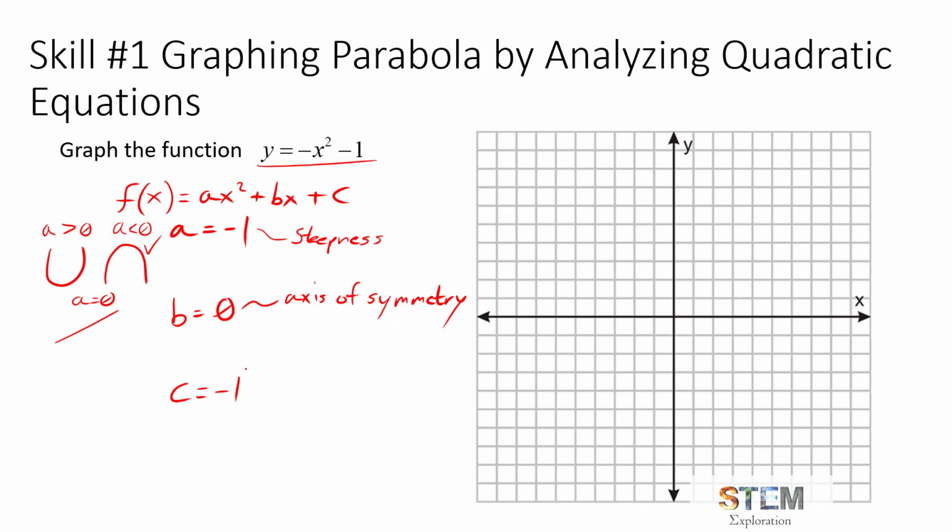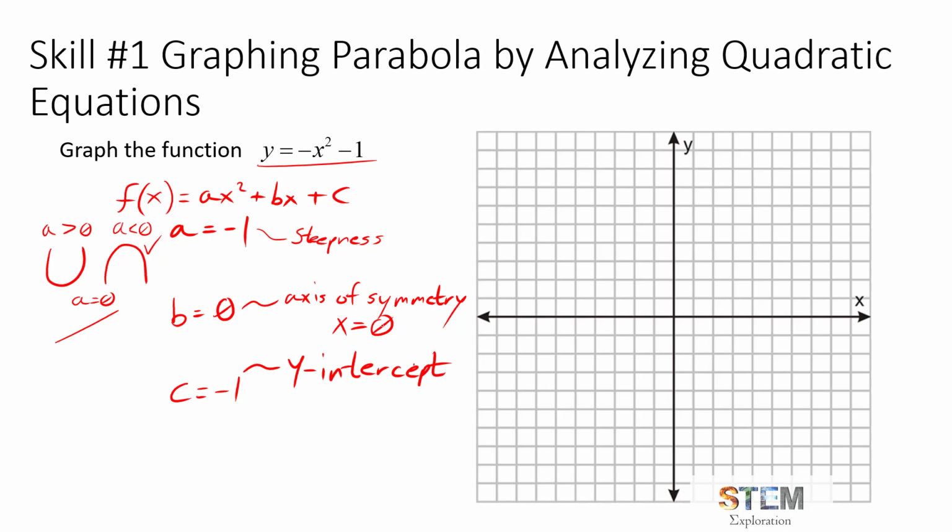Now the c term specifically is going to represent your y-intercept. C is going to represent your y-intercept. And so if we're looking at this, we can figure out some things pretty quickly. If b is equal to 0, the reason I say we're not really worried about the axis of symmetry is because the axis of symmetry is at 0.